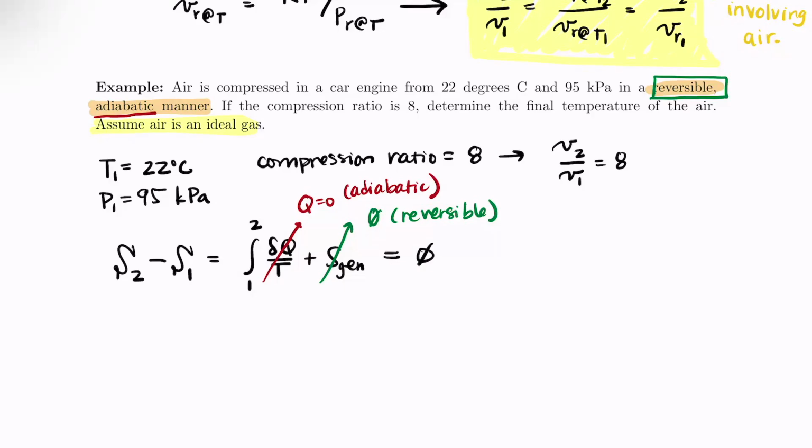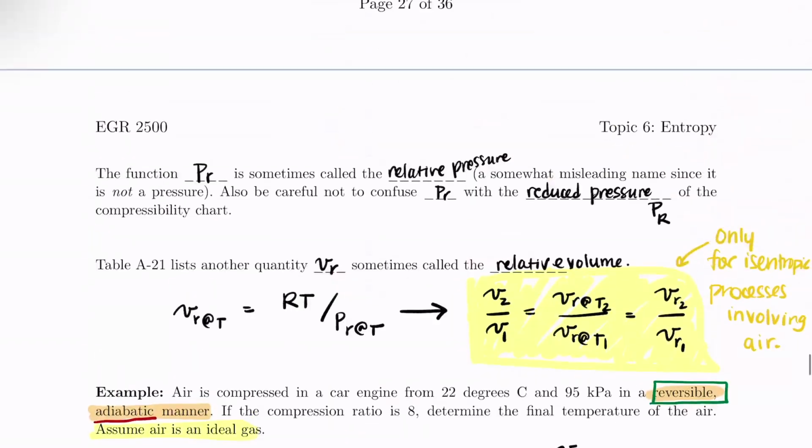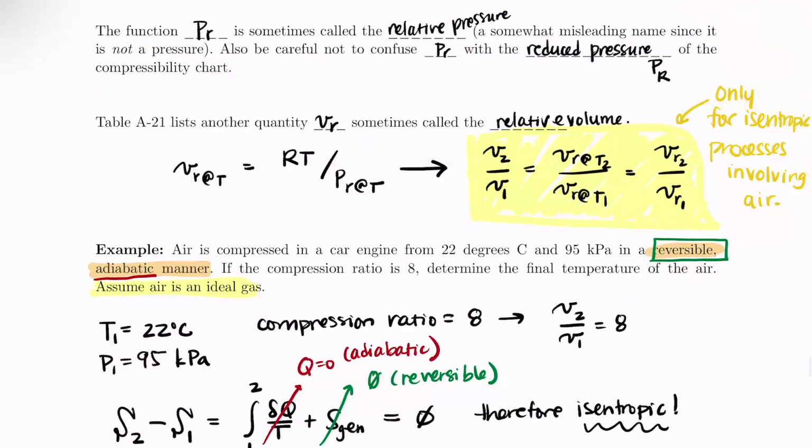S2 is equal to S1. Right. And then what special name does that have? Yeah, so this is isentropic. Okay, so we have air. We have isentropic, so we can use these expressions that we just derived.